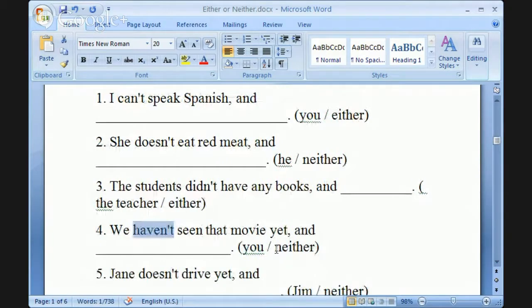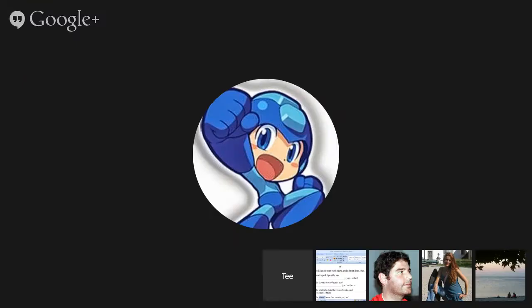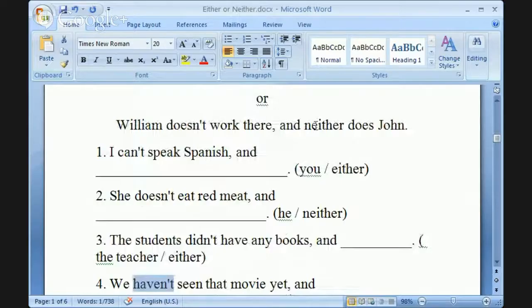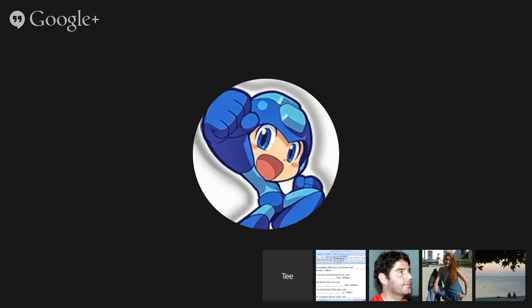Again, neither always ends up the same way, and neither does John. Okay, so it's conjunction, the word neither, then the auxiliary, then the actual subject noun. Weird, yes, but it's always the same. It never alters. Okay, Laura. Yes. Try this one.